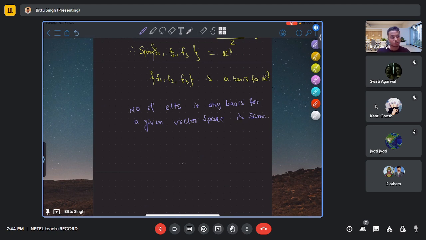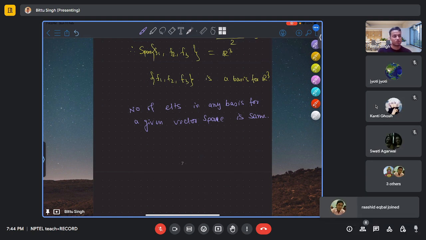That is, dimension does not depend on the basis you choose. You can take any basis and you will obtain the same dimension. Those bases will contain the same number of elements. You can choose f1, f2, f3 or e1, e2, e3. There must be the same number of elements in the basis.